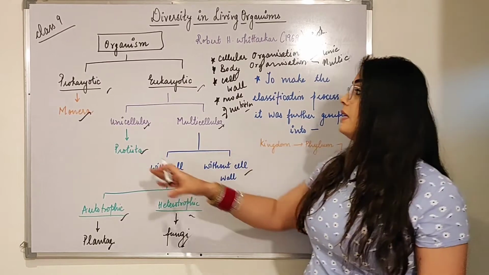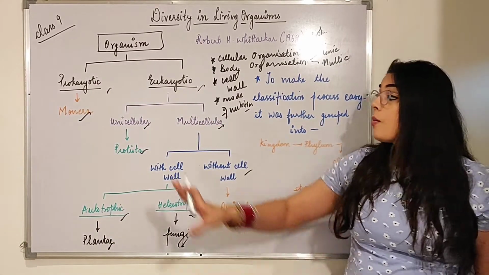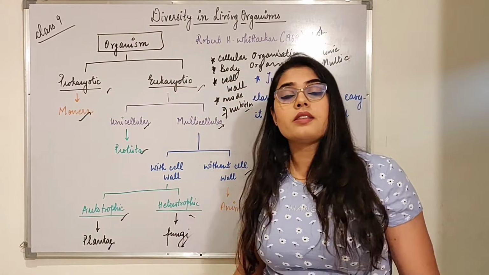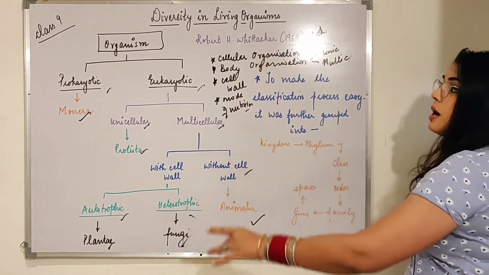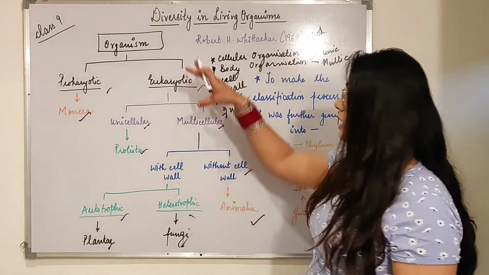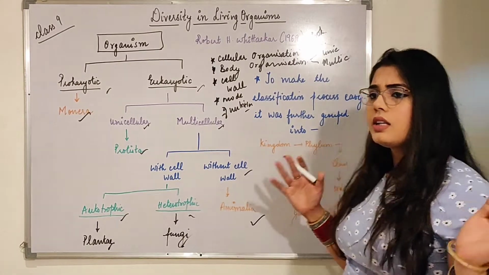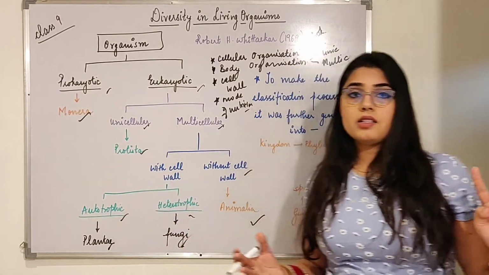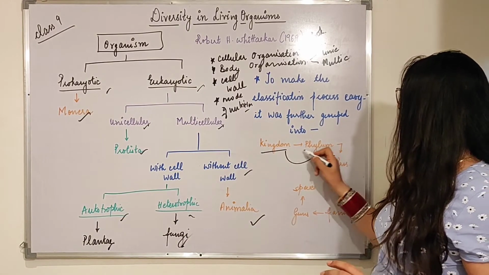Everybody liked it, saying this is the best classification given till now, because it included all the features, and different phyla and different organisms were covered in this classification table. Now to make the classification easy, beta, a kingdom means a group of all the organisms. From that, we separated the phylum.